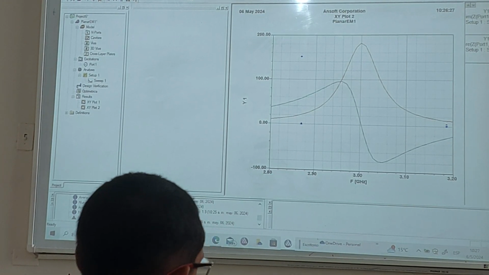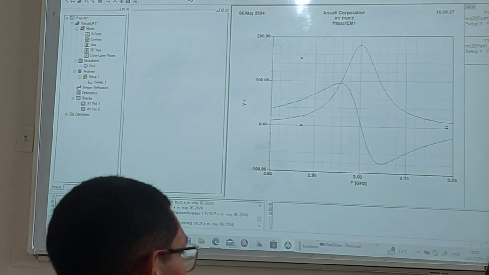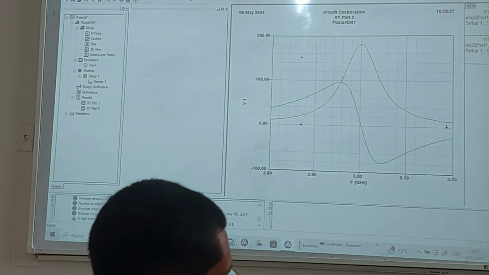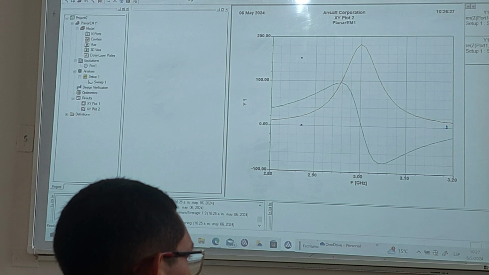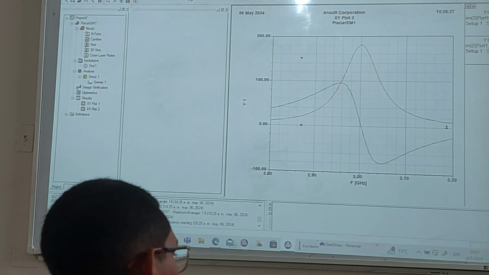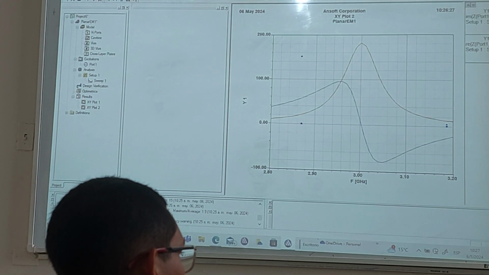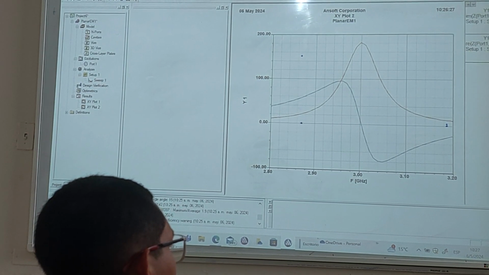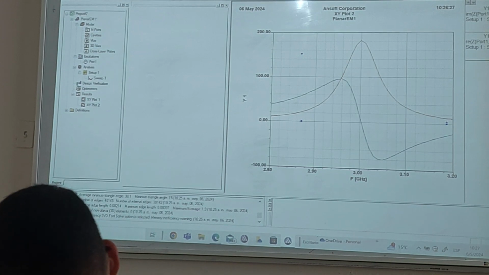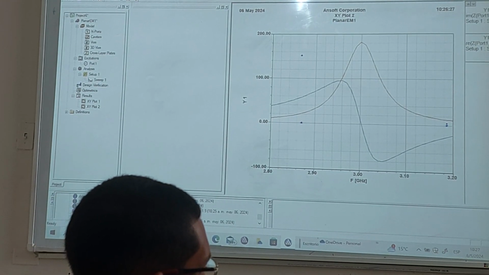Now, we have to choose what is a better solution. This solution or this solution, because in both cases we have as input impedance real part. Okay? We have two solutions. We have to choose what is the better one.